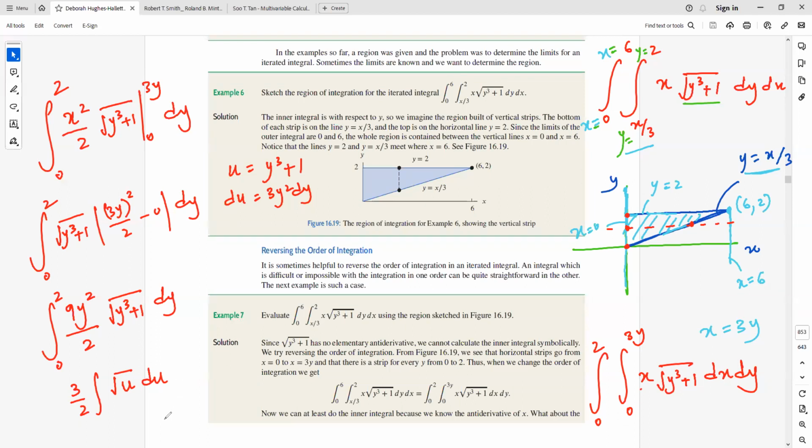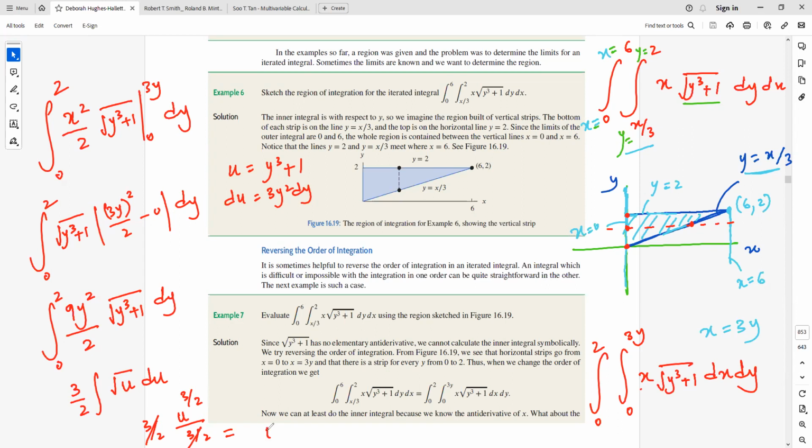So I can do this. The integral of the square root of u gives u raised to the power 3 over 2, over 3 over 2. Outside we have 3 over 2. This cancels. And now again I can just write this in terms of y.